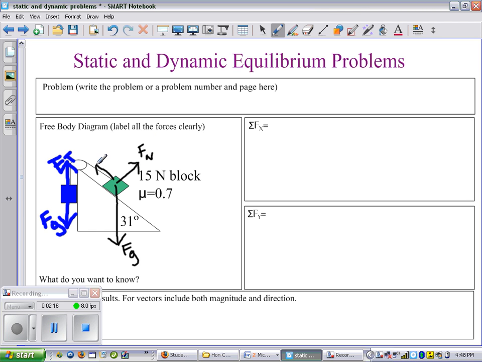Tension. And then the block is trying to slide this way because it's being pulled by the hanging block, so the force of friction will be in the opposite direction, right here.